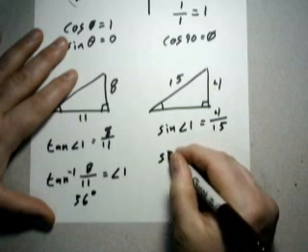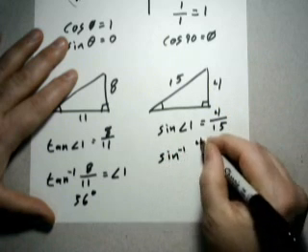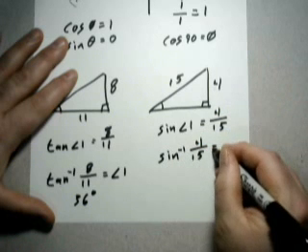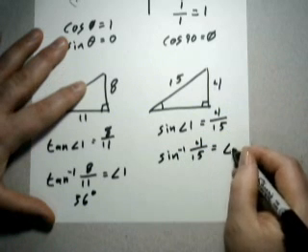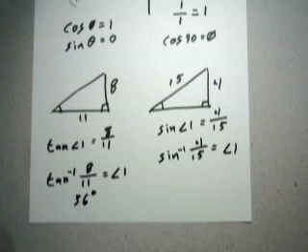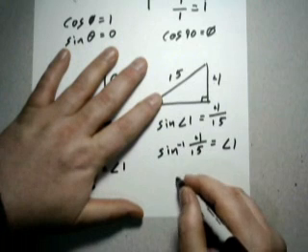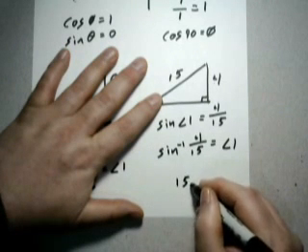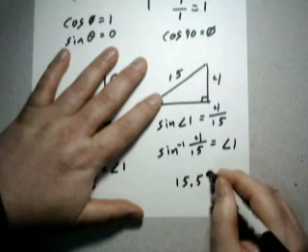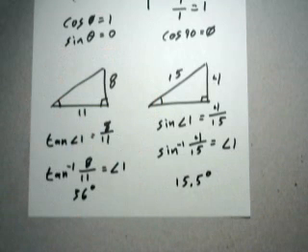That means that the arc sine of 4 over 15 is equal to angle 1. So arc sine, second function sine, 4, 15, 15.5. So that angle is 15.5 degrees. Okay.